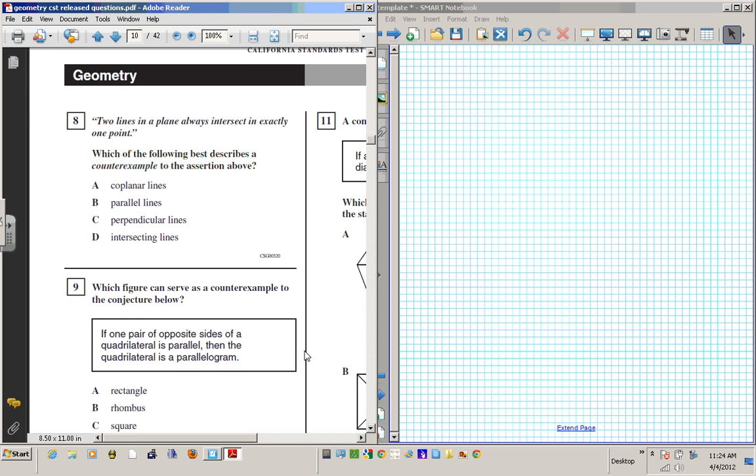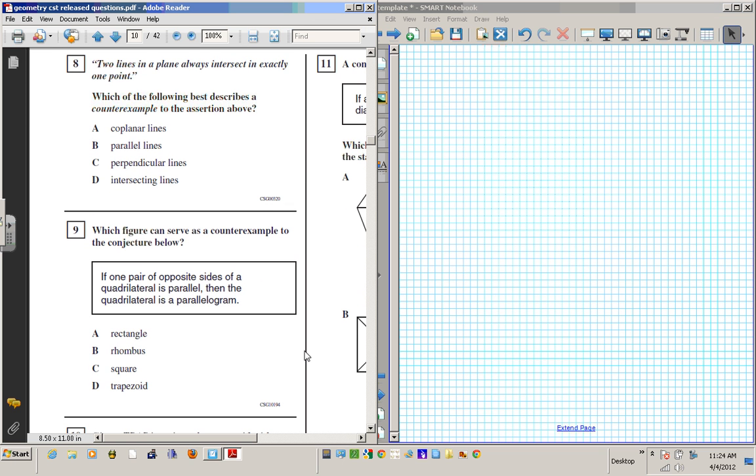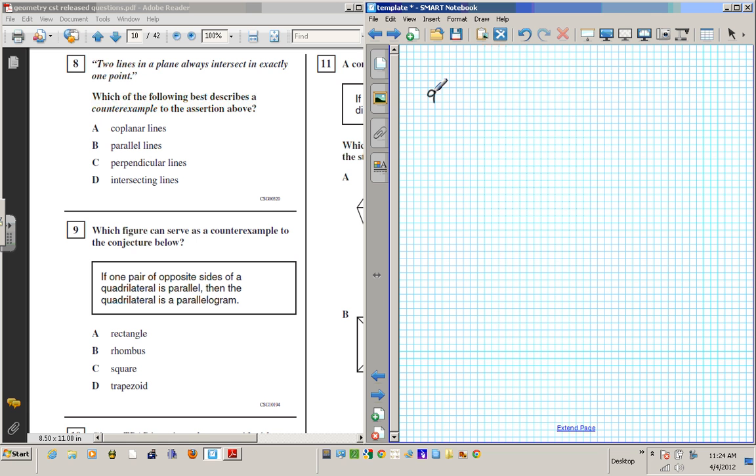It says, which of the following serves as a counterexample to the conjecture below? Remember, a counterexample is when you have P implying not Q, the original statement implying the opposite of the conclusion. The conjecture says: if one pair of opposite sides of a quadrilateral is parallel, then the quadrilateral is a parallelogram.